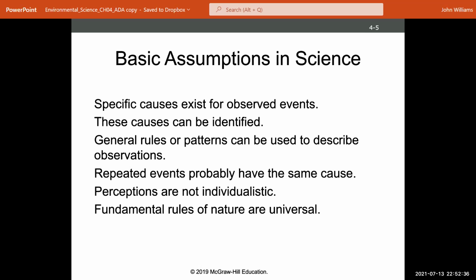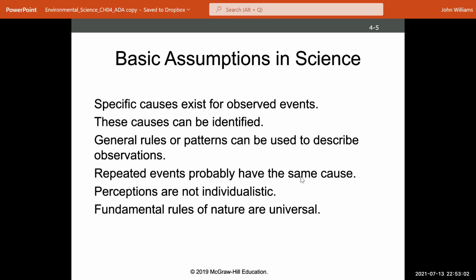And so you want to make sure that these perceptions that you make and create are individualistic, right? That they're made from kind of this body of work that you've put together, and not just really this one specific study that you use to say, all right, this is how it is, and these are the causes.